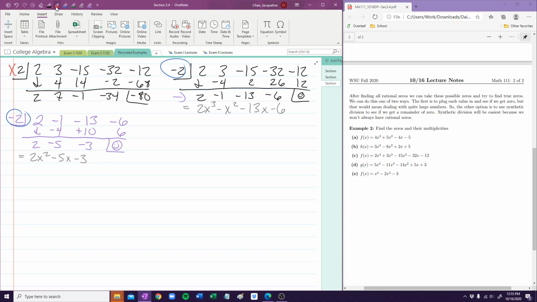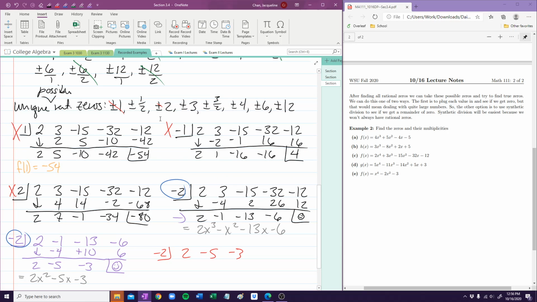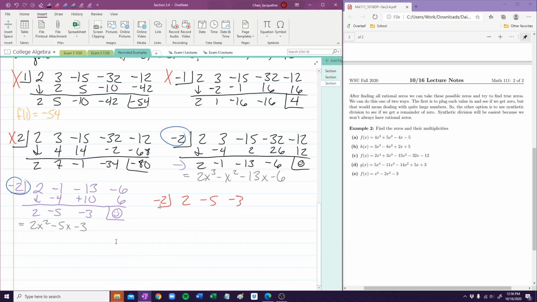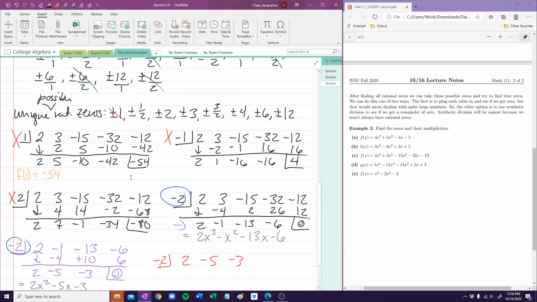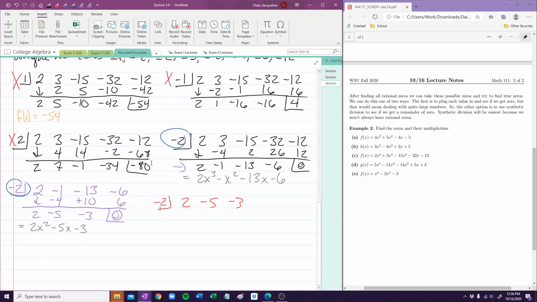So we can do one of two things. We can continue using synthetic division, so you can do 2, -5, -3. Again, I would test out -2 just in case it might be a multiplicity of 3. We don't know. And then you can test the plus or minus 1/2, plus or minus 3, and so on and so forth. Again, you don't have to recheck what you have checked already.